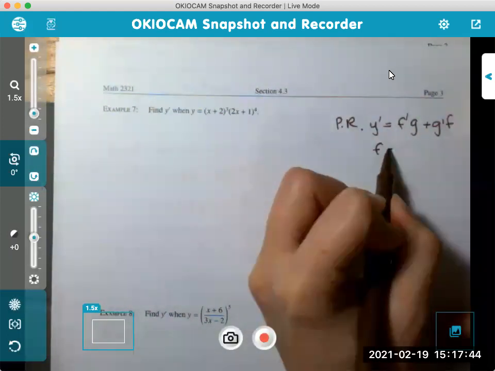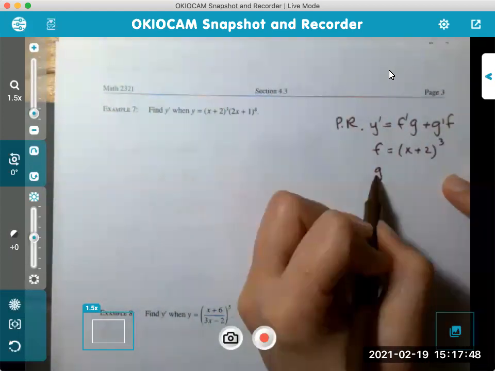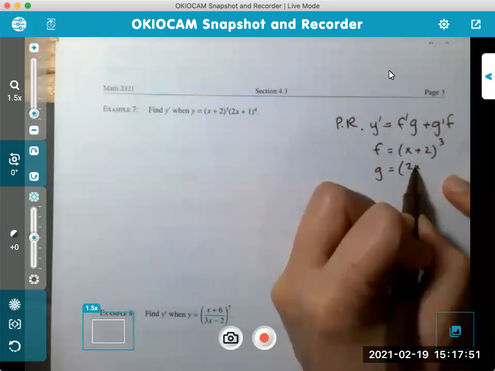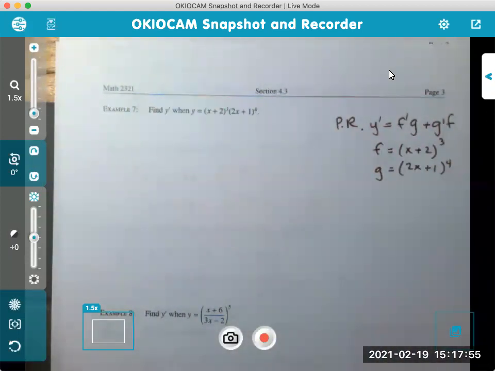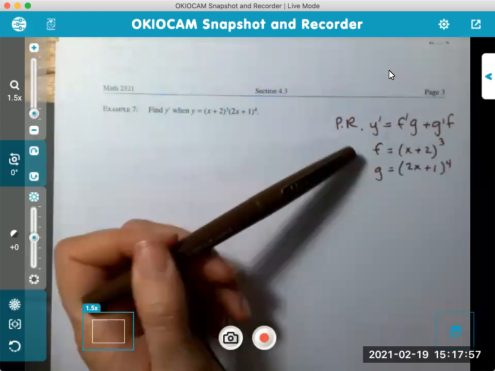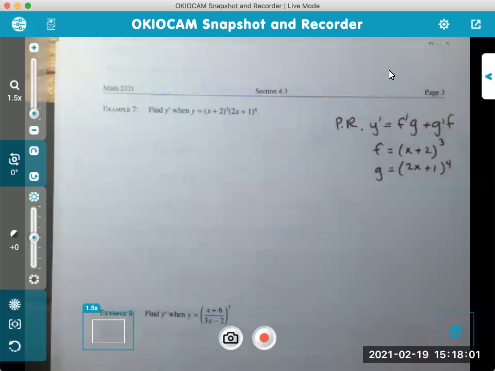So if you want to call your f the x plus 2 cubed, and your g is the 2x plus 1 raised to the fourth. Now when you take the derivative of f and g, they're both having the chain rule. So pause the video, give it a whirl.